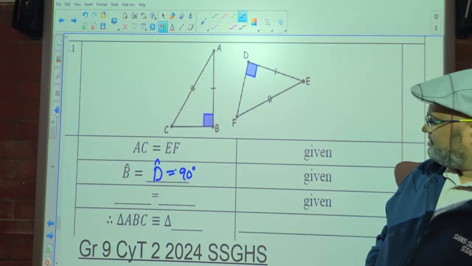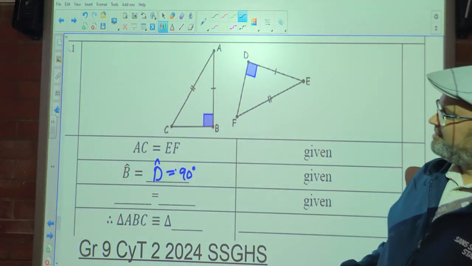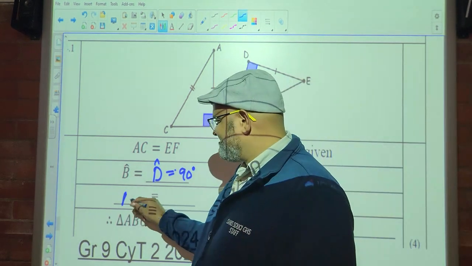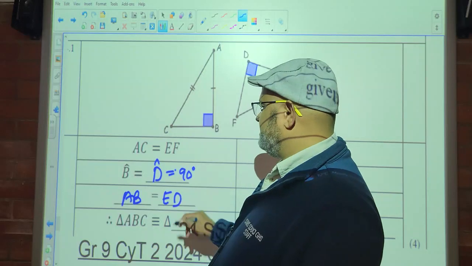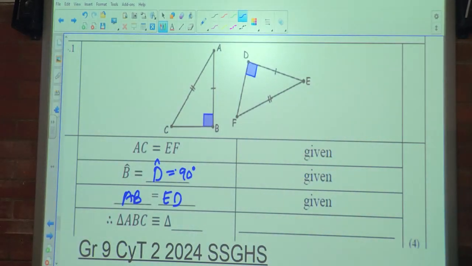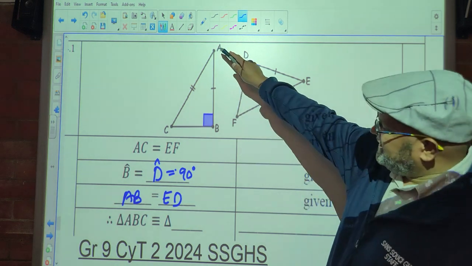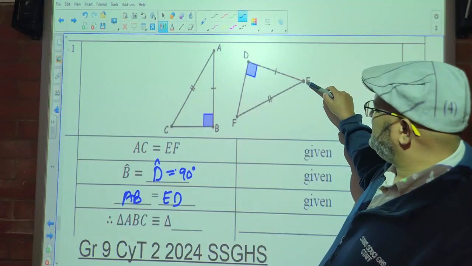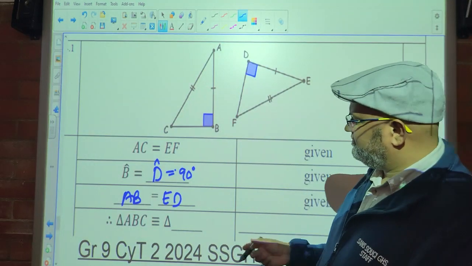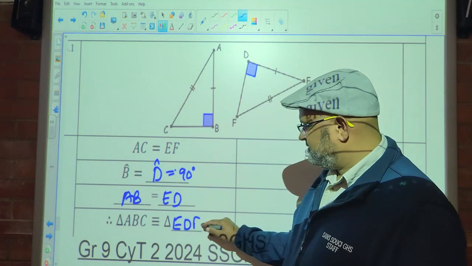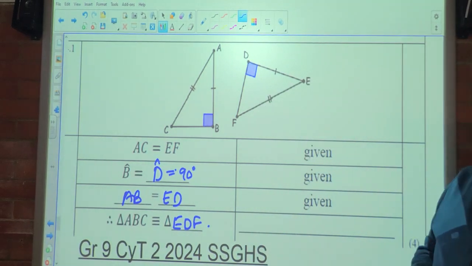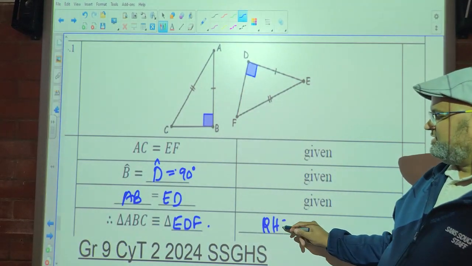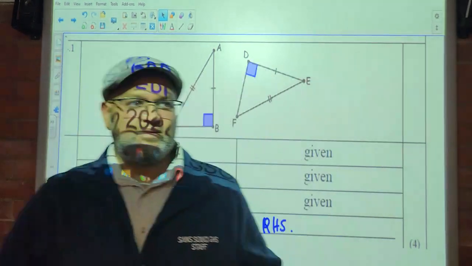What else was given to us? AB is equal to ED or DE. So therefore triangle ABC is congruent to triangle EDF. And on what account of congruency is this? We use the right angle and we use the hypotenuse. So this is RHS.